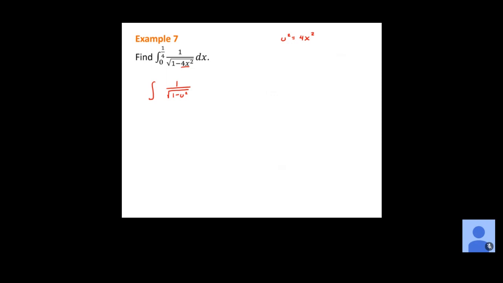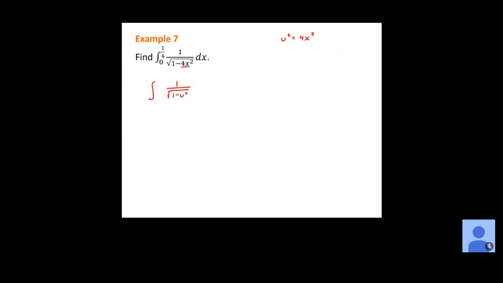Because I know that that's going to give me the arc sine of u. Now, the question is, what else do we need to replace at this point so that we can actually evaluate this integral?